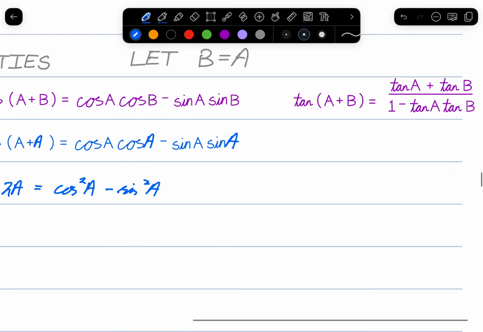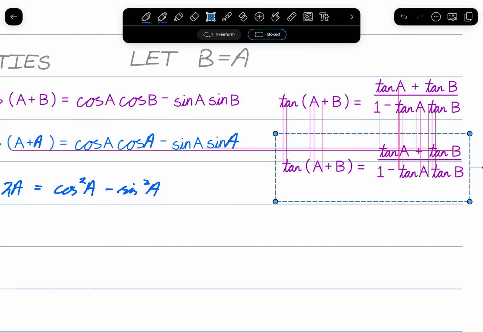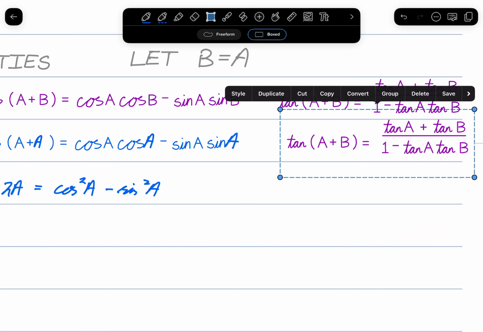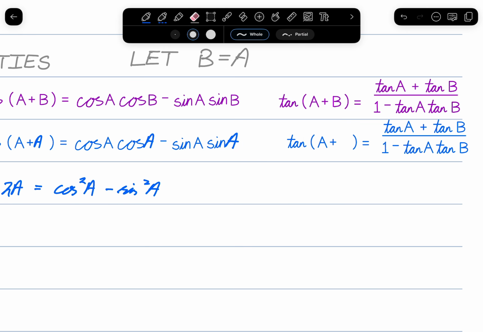You can probably guess for tan, it's the exact same procedure. So squeezing it here nice and tight. We change all of b into a, so b becomes a. And again, tan of a plus a is tan of 2a.